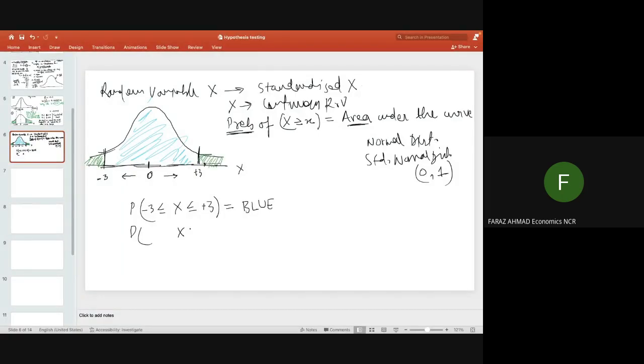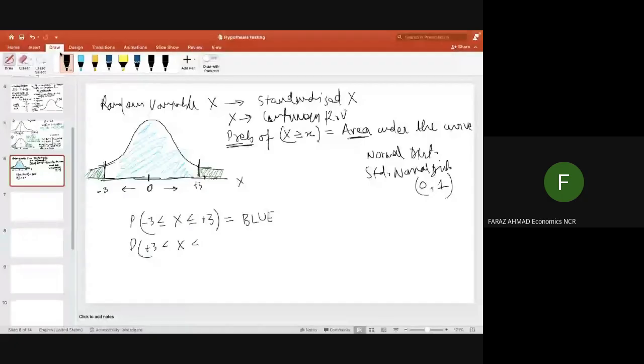And probability of x greater than or equal to +3 and less than or equal to, or let me call it only less than, because I have included the equal to sign in the first expression, greater than +3 and less than -3 is equal to green.